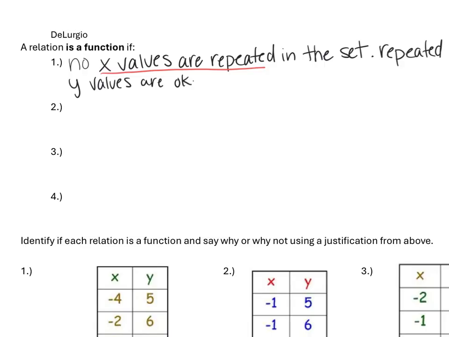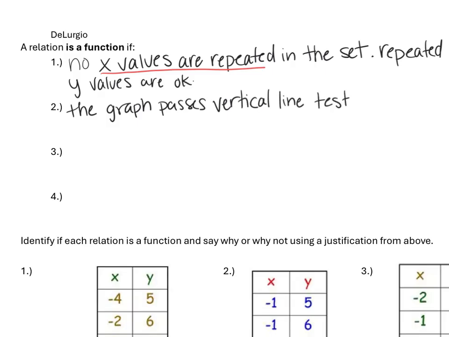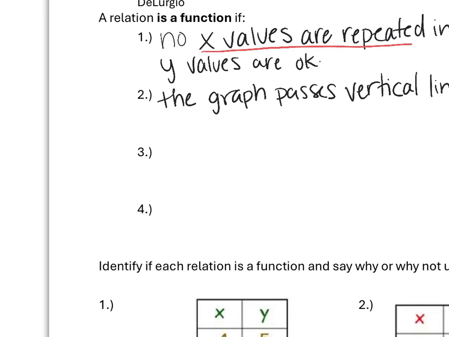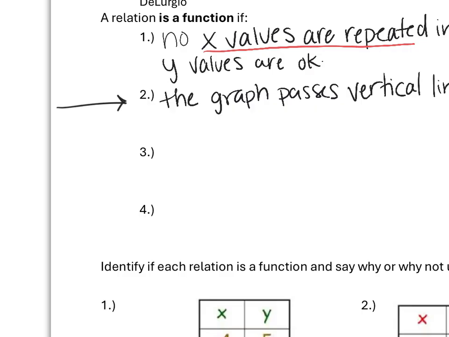Okay, number 2, a relation is a function if the graph passes the vertical line test. We can just call that vertical line test. And what this test says is that if we have a graph, in order for it to be a function, you have to be able to draw a vertical line through any point on that function, and it would only ever hit one point on the graph.